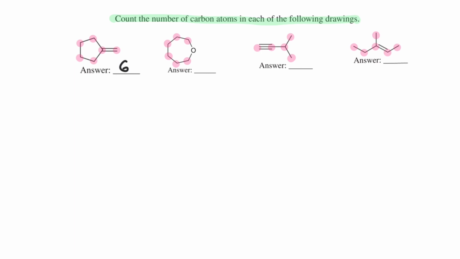Next one, 1, 2, 3, 4, 5, 6, so here also we have 6. Next one, 1, 2, 3, 4, 5, so we have 5. Next compound, 1, 2, 3, 4, 5, 6, so we have 6 carbon atoms.